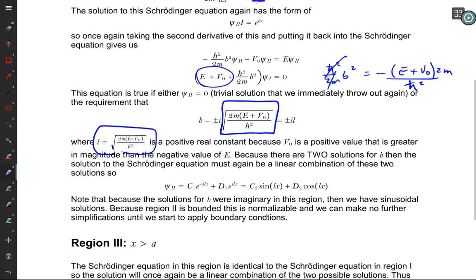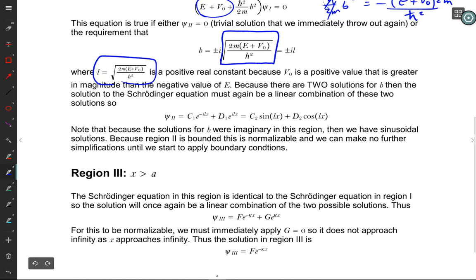So I wrote this two ways. I wrote it with C1 e to the minus iLx plus D1 e to the iLx, or C2 sine Lx plus D2 cosine Lx. They're equivalent solutions.